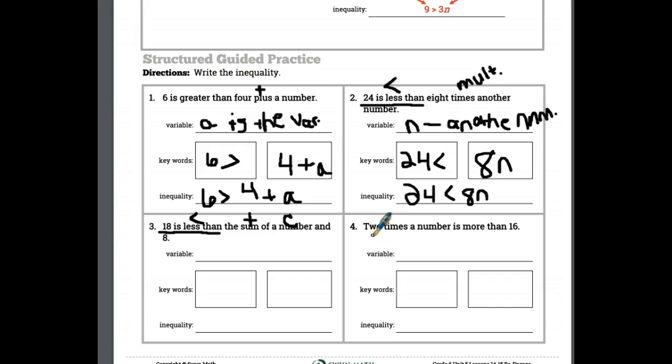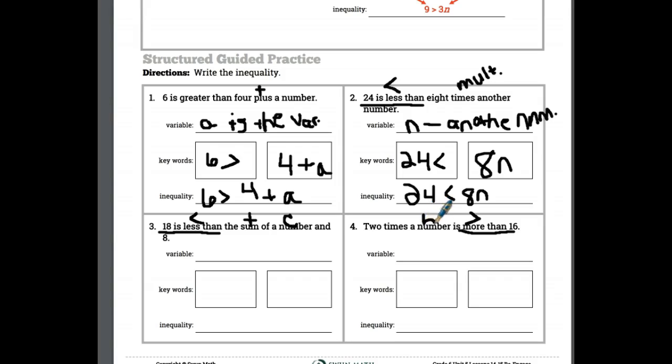And then looking at 4, 2 times a number is more than 16. Is more than. Okay, this part of my statement here is more than 16. And 2 times a number.